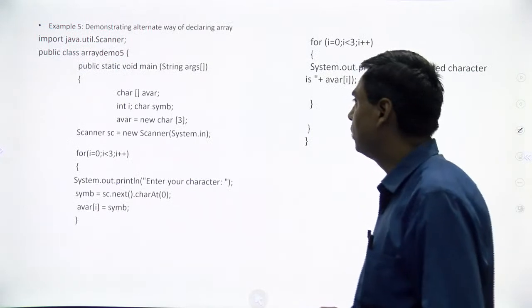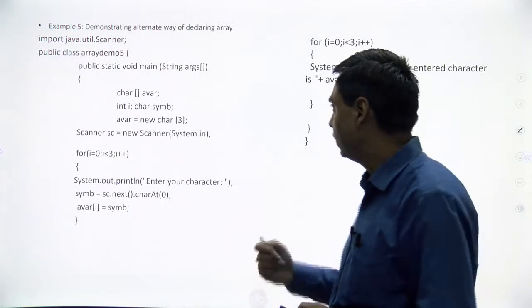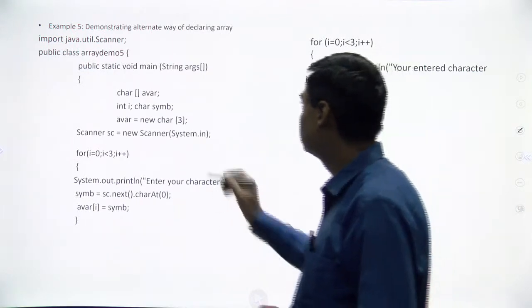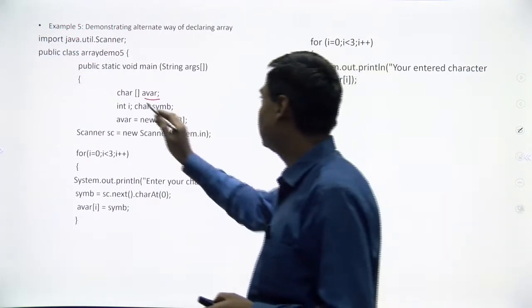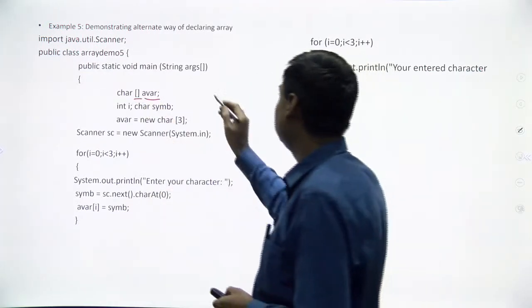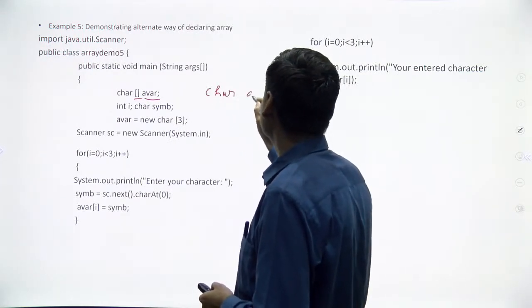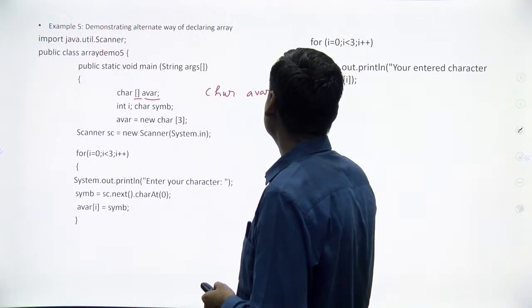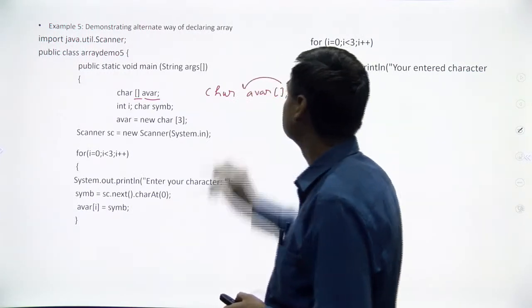It is an example to create a variable in the alternate way. So we have avr, an array of type character. Now the bracket is defined here. Generally we create the array with character, then write avr, then write the bracket. Or just put the bracket here.